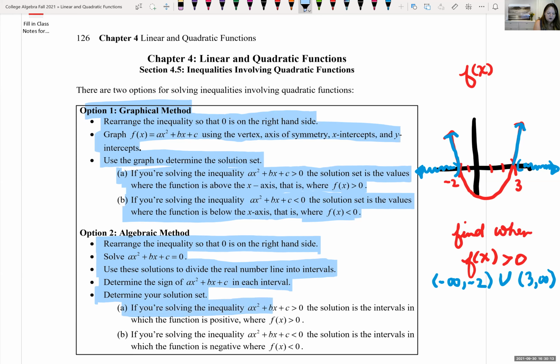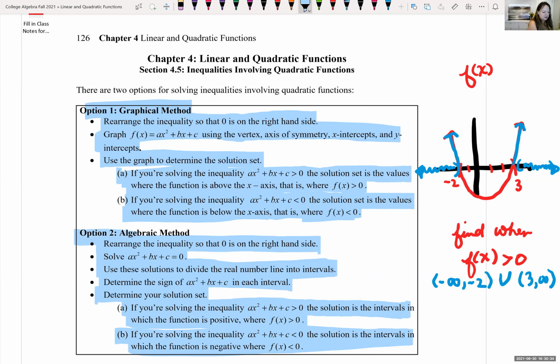If you're using an inequality ax squared plus bx plus c is greater than 0, the solution is the interval in which the function is positive, where f of x is greater than 0. If you're solving the inequality where it's less than 0, the solution is the interval in which the function is negative.